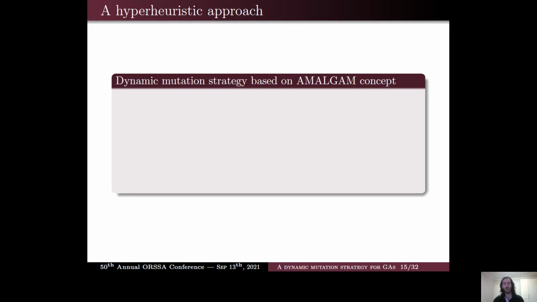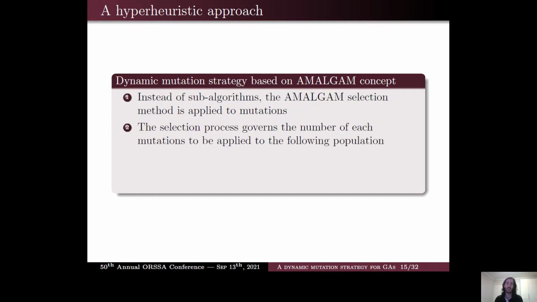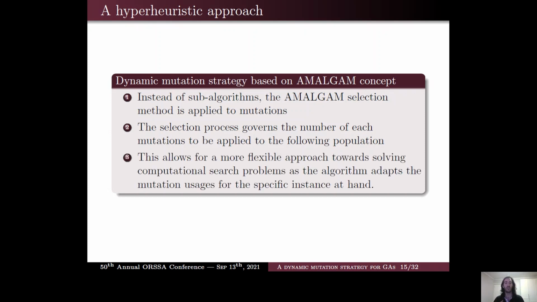With regards to the approach adopted, a dynamic mutation strategy based on the AMALGAM concept means that instead of sub-algorithms, the selection method is applied to mutations. The selection process governs the number of mutations to be applied to the following population. This allows for a more flexible approach towards solving computational search problems, as the algorithm adapts the mutation usages for the specific instance at hand at the current search time step.